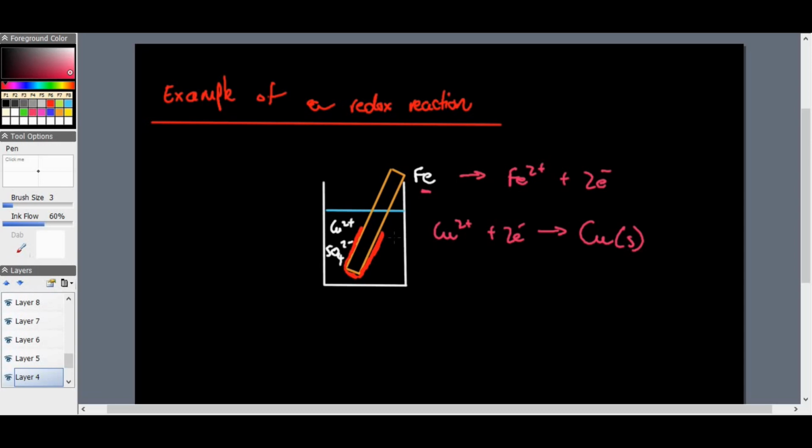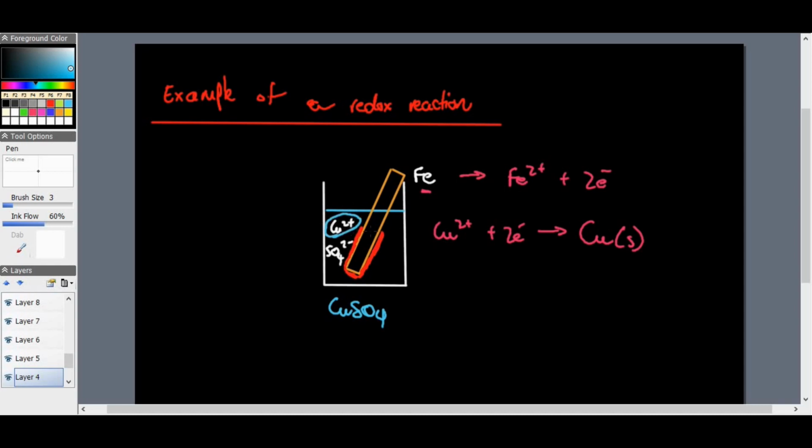Now the decrease in the concentration of the copper 2+ ions in the copper sulfate solution, which by the way is written as CuSO4, and if you split them up, they are ionized like that. There's a decrease in concentration because all of these are going over here.